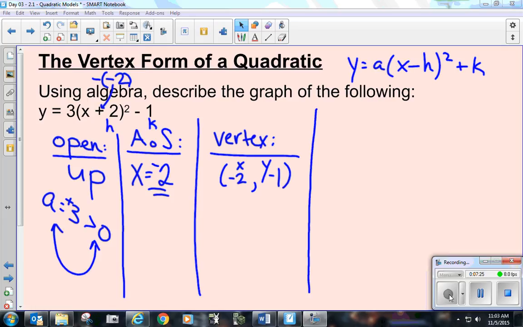Now, let's find our x-intercepts. And all we're going to do is just solve for x. But before we do that, is this starting to look familiar, these answers here? Look at the one problem we did in standard form. Wasn't it a 3 and it was opened upward? Wasn't the axis of symmetry negative 2? Wasn't the vertex negative 2, negative 1?